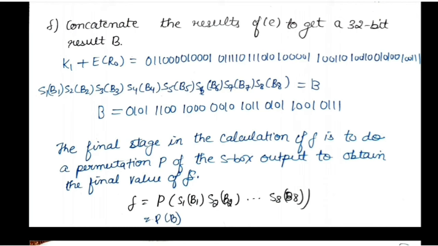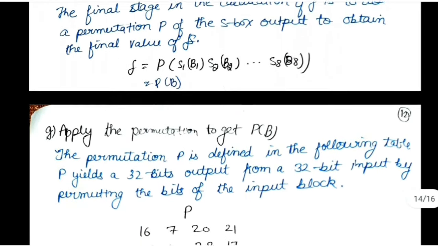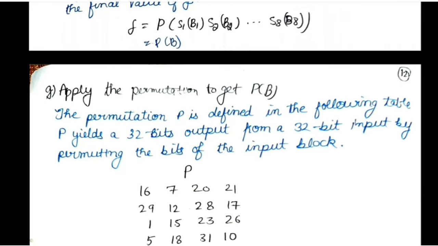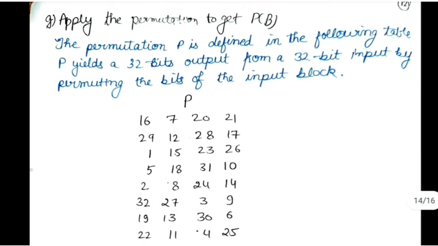The final stage, the calculation of F, is to do a permutation P of the S box output to obtain a final value of F. So F will be equal to the permutation P, and to do this permutation we will use the following P table, which will again tell you how to arrange the bits.